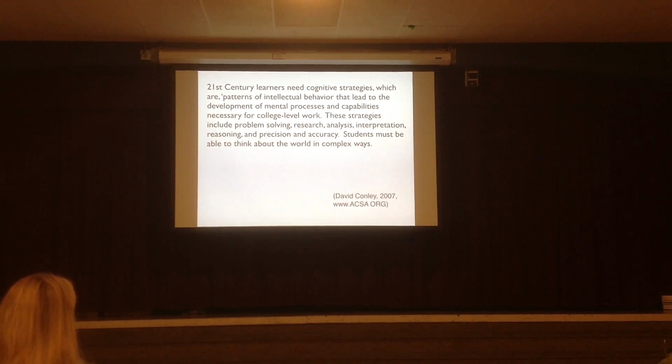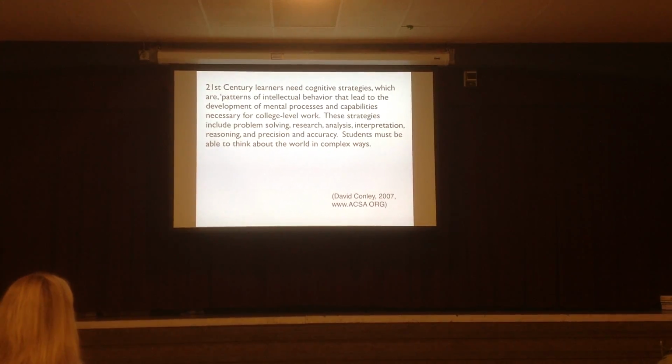These strategies include problem solving, research analysis, interpretation, reasoning, and precision and accuracy. Students must be able to think about the world in complex ways. Now I want you to think back to the learner profile, to the skills that we looked at, and see how that learner profile and skills connect.